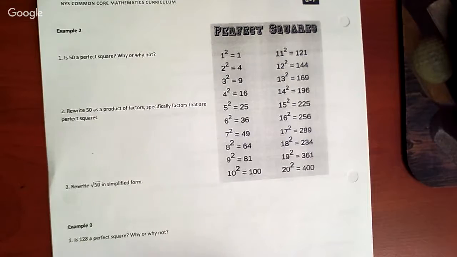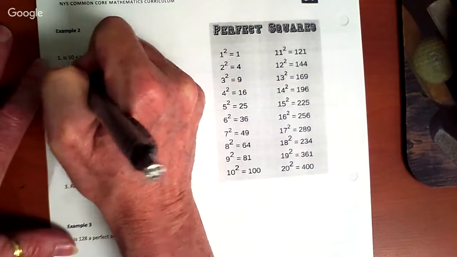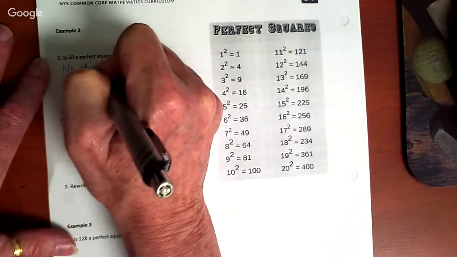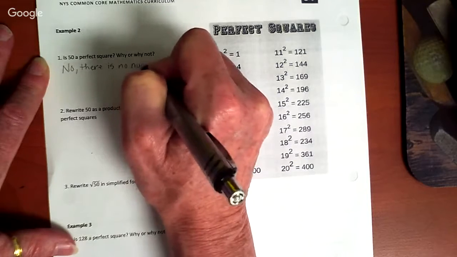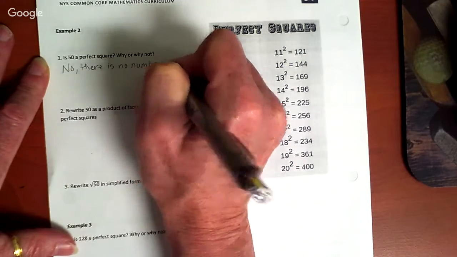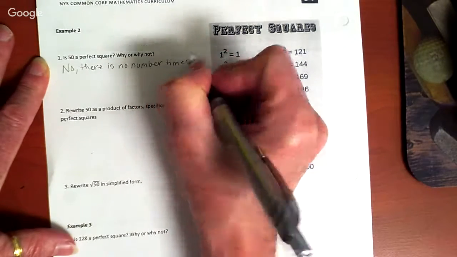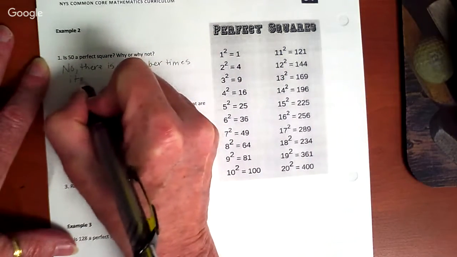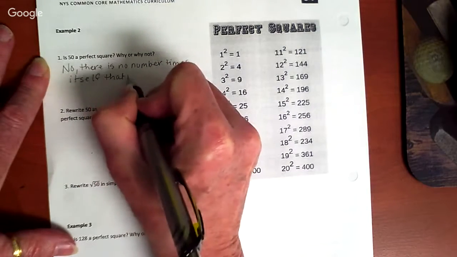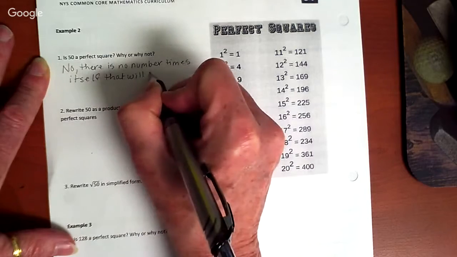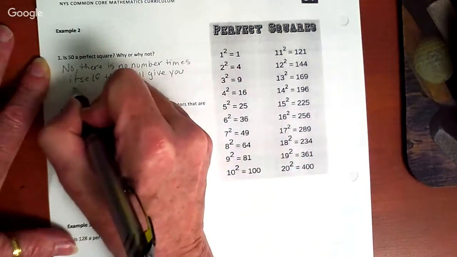Well, the answer is no, because there is no number times itself that will give you 50.